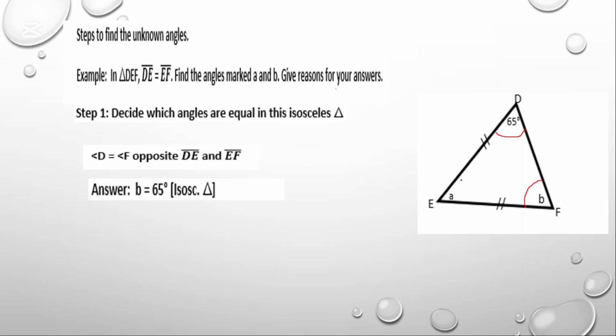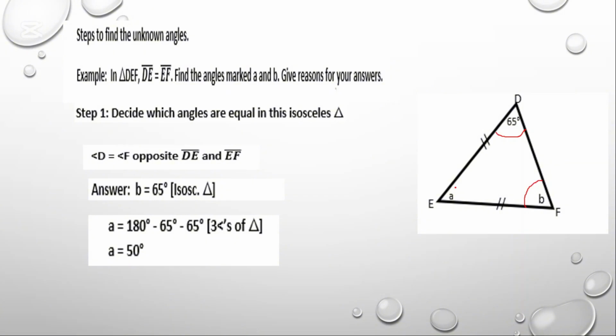Now we go to A, and we use three angles of a triangle is equal to 180 again. 65 plus 65 plus A is equal to 180. So A is equal to 180 degrees minus the 65 minus the 65, three angles of a triangle, and A is equal to 50 degrees.